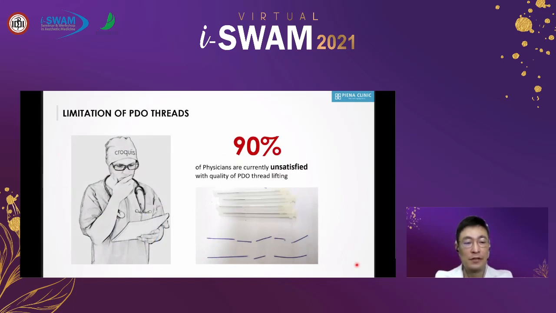According to a recent study, 90% of physicians are unhappy with the quality of the PDO thread used for thread lifting. It is due to early breakage of the thread after the procedure, resulting in rapid relapse, or breaking easily in the process of storing the thread.